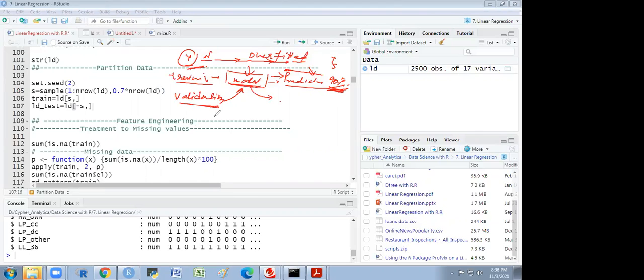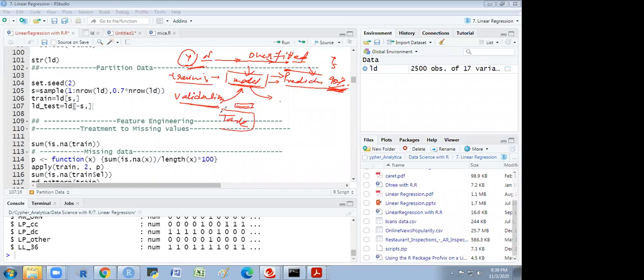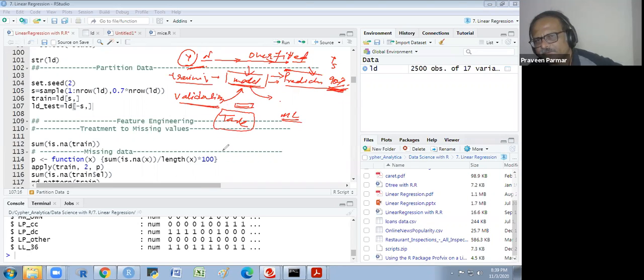Sometimes when we take a task for making a machine learning model, it is a process. They give only the train data and say, please make a model out of this.